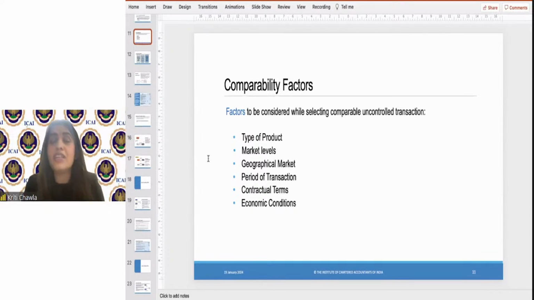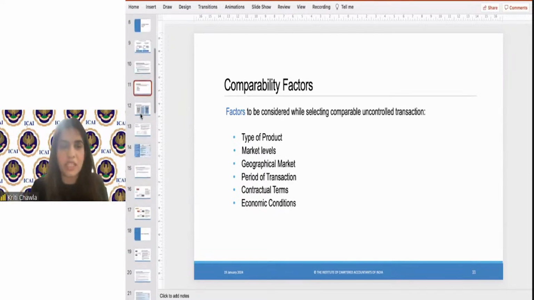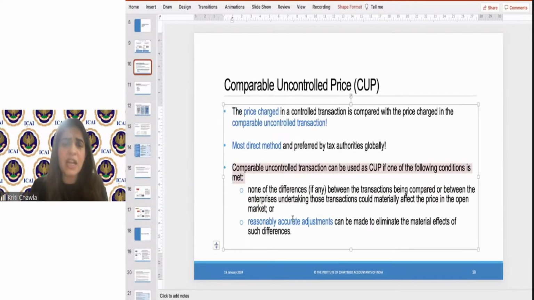So are you able to adjust that particular factor? If you're able to adjust that factor, then you can take that company. I'm going to talk about these adjustments. This is what is written in law: a comparable uncontrolled transaction can be taken as CUP if the following conditions are met, which is none of the differences between the transactions being compared or the enterprises undertaking those transactions could materially affect the price in the open market, or reasonable accurate adjustments can be made to eliminate the market effect of such differences.